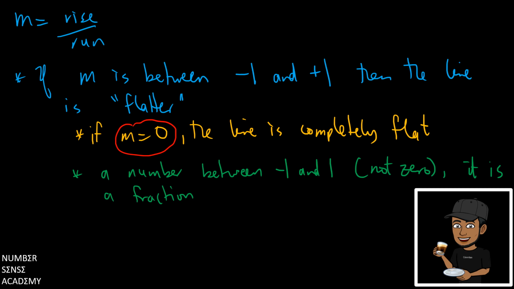Okay, so I'll do a quick graph here so we can see a quick graphic. So I have y and x. So if I have a line that, say, looks like this, perhaps it's getting a little bit flatter. I could have one that looks like this, right? That's even more flat than that one.